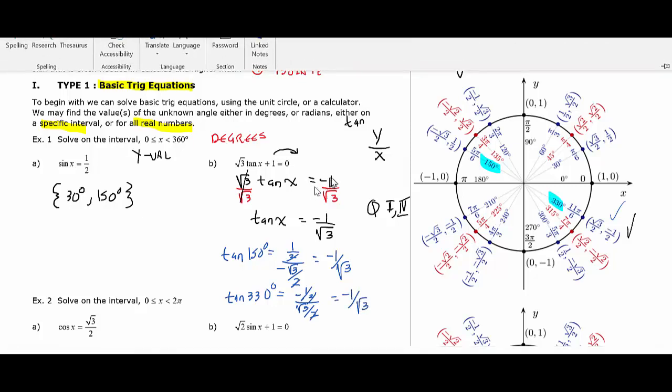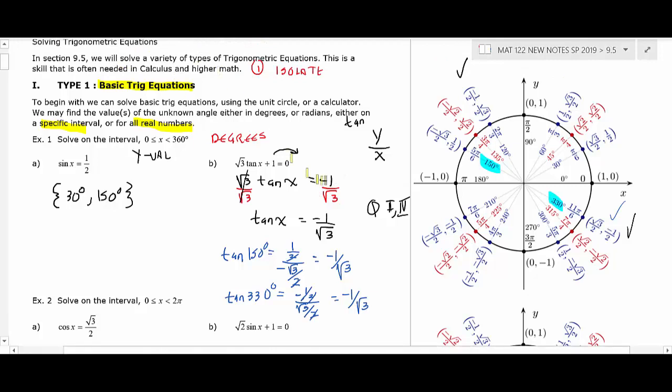So this happens at 2 places, and the answer is the solution set 150 degrees and 330 degrees. That's your answer to your first 2 problems.